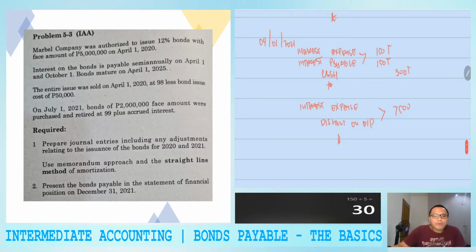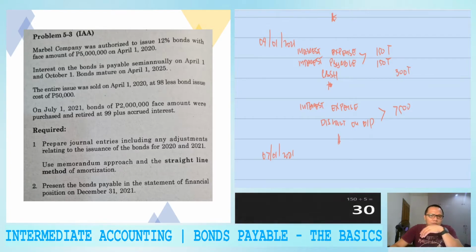Now, on July 1, we have retired bonds payable amounting to 2 million. When we say retired, we have fully paid it. Meaning, pinayaran natin, we reacquire without the intention of reissuing. Because may mga transaction din kasi dito na although we have reacquired it, hindi pa nga siya naglap sa kanyang maturity.